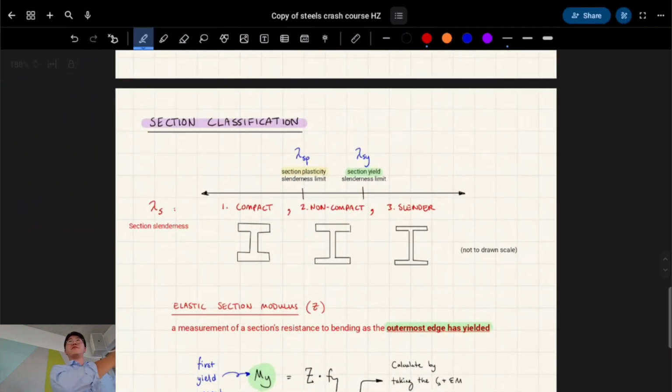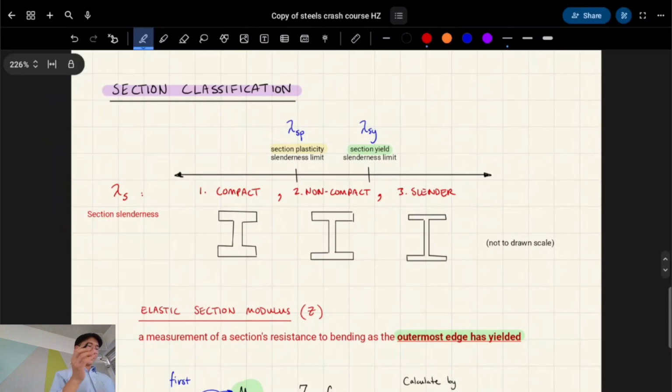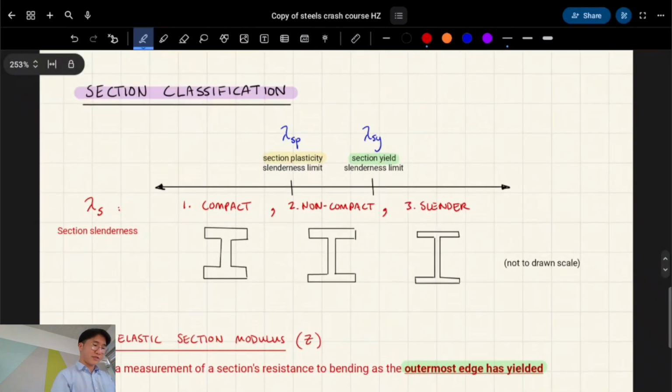So let's step back from that idea of plastic bending for the moment, because we're going to shift our focus to another part. Section classification, right? Here I've just drawn it. When we're talking about compact and slender sections, we're talking about the cross section, not the length to width ratio of the entire member.